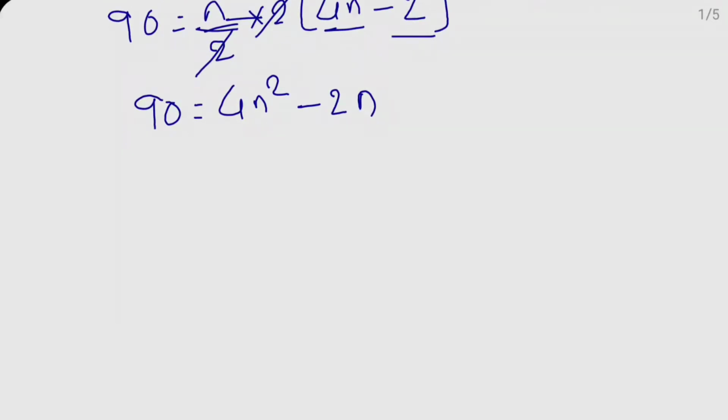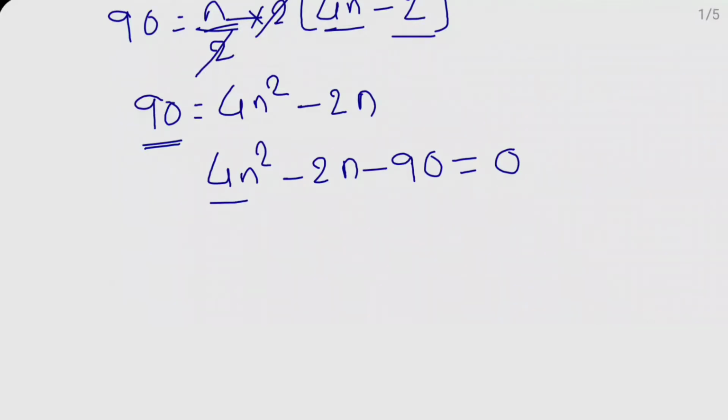So now 4n square as it is minus 2n as it is, this 90 comes to the RHS side, it becomes minus 90, right? And this equal to 0. Any doubt here? And now the whole equation is divided by 2.